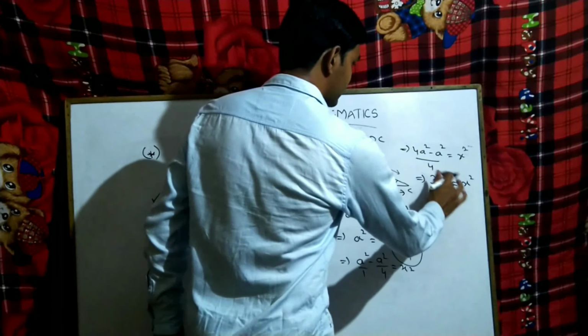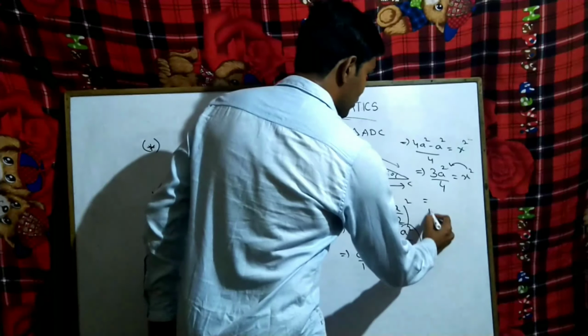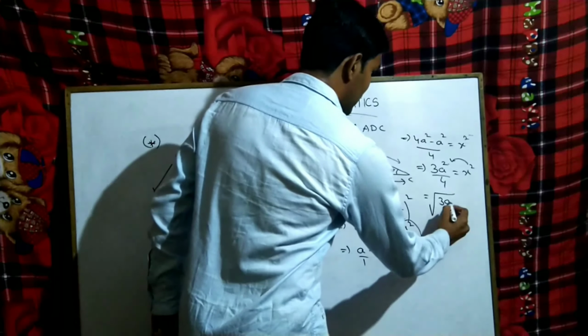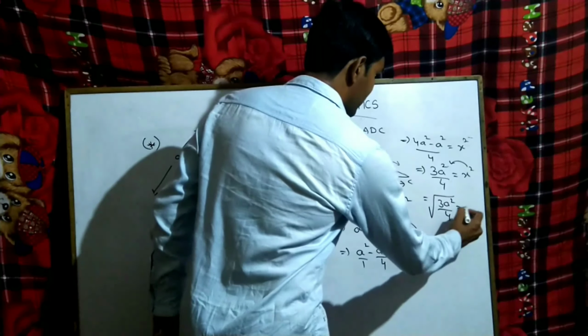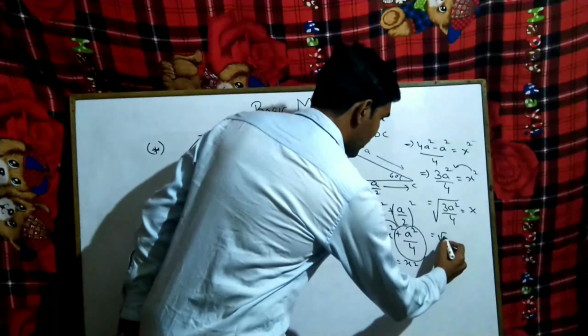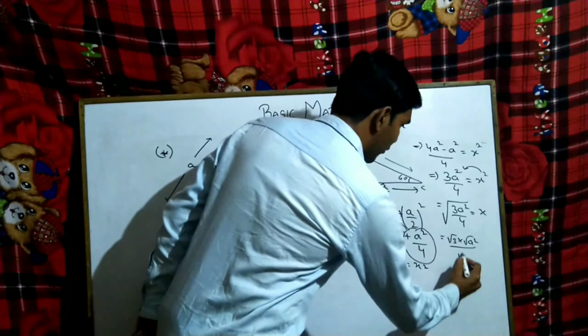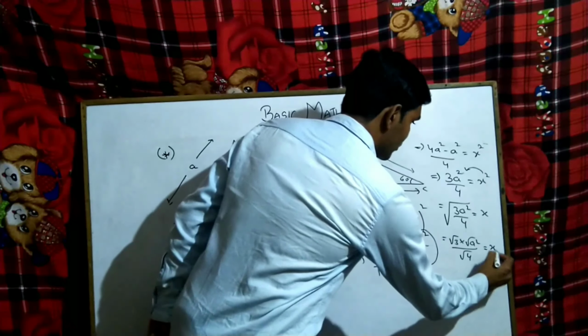Clear? Now this square will go to that side and become a root. So root over 3A square by 4 is equal to x. So can I write root 3 into root A square by root 4 is equal to x?